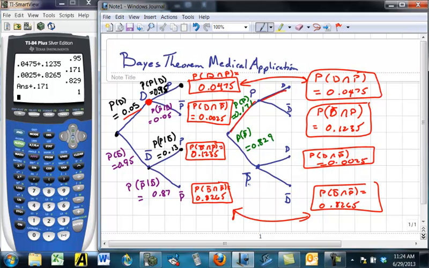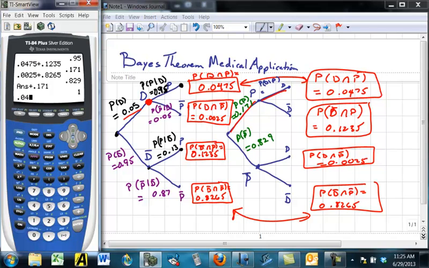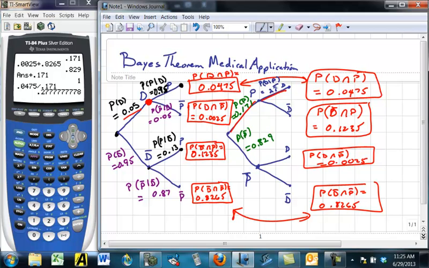Okay, well, we know that these two probabilities here, this one is the probability of D given P. We know that these two multiply together to get this one on the end. So if we take the 0.0475 and divide it by 0.171, we will get 0.27 repeating.